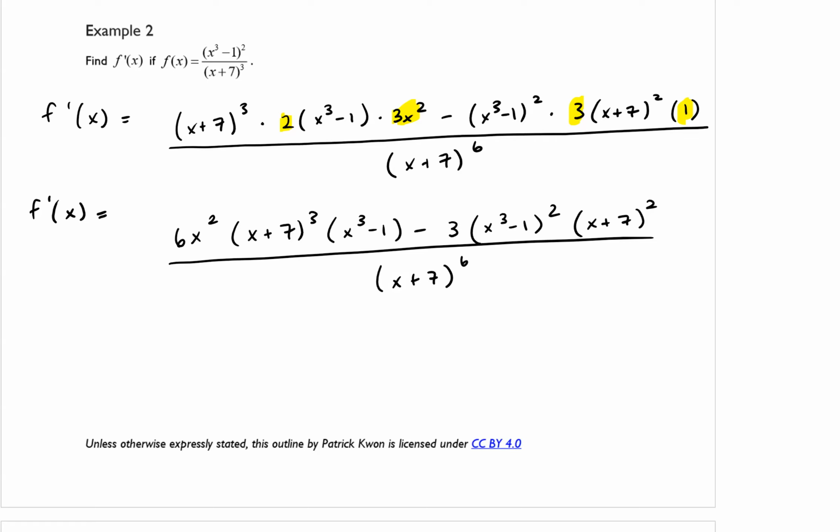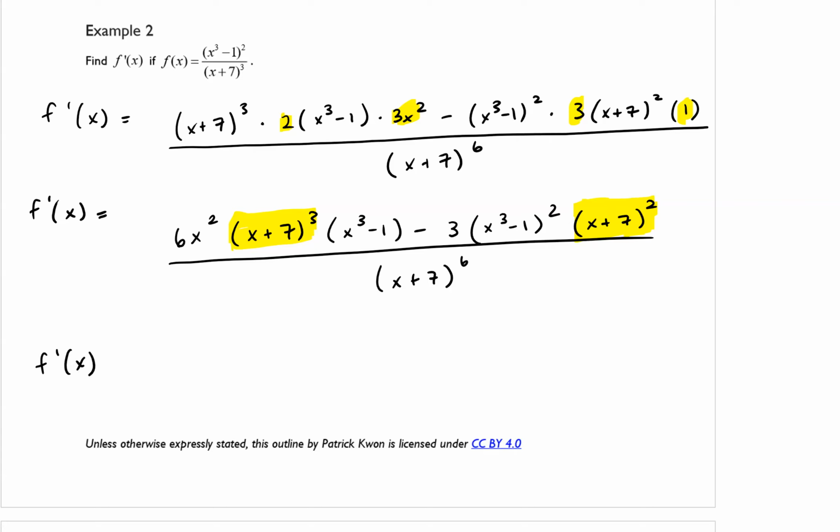Now, I can factor out an (x plus 7) squared from the numerator, since here we have (x plus 7) cubed, and here we have (x plus 7) squared, so I can factor out an (x plus 7) squared. So let's do that.